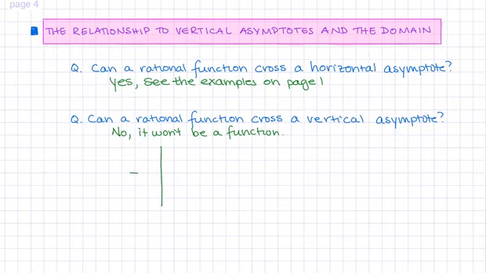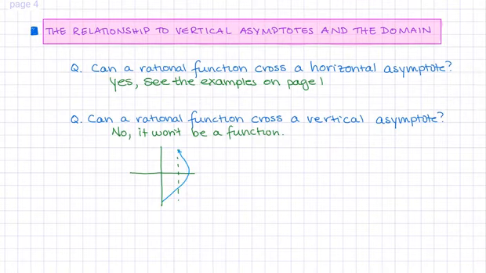Let's say we had there's our asymptote, and let's say that we had something like this. I mean, that could be what it's doing. Maybe it crosses here, but remember, by definition, we have to look at what's happening at the end. At the end, if this is a vertical asymptote, it's got to be approaching the asymptote at the end. But if it has to bend back on itself, it's going to fail the vertical line test. It won't be a function.